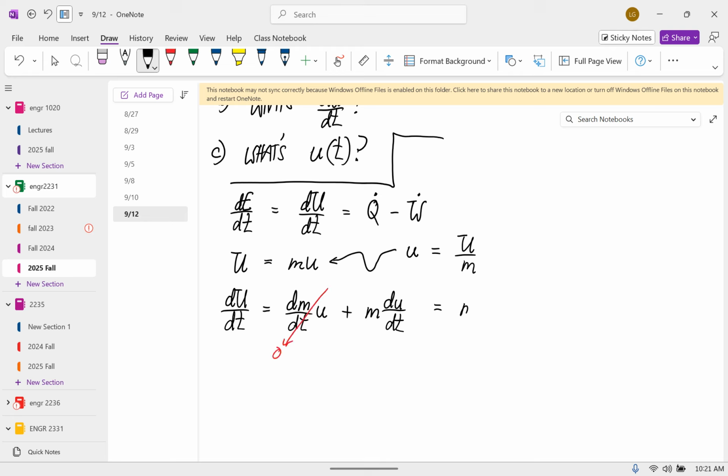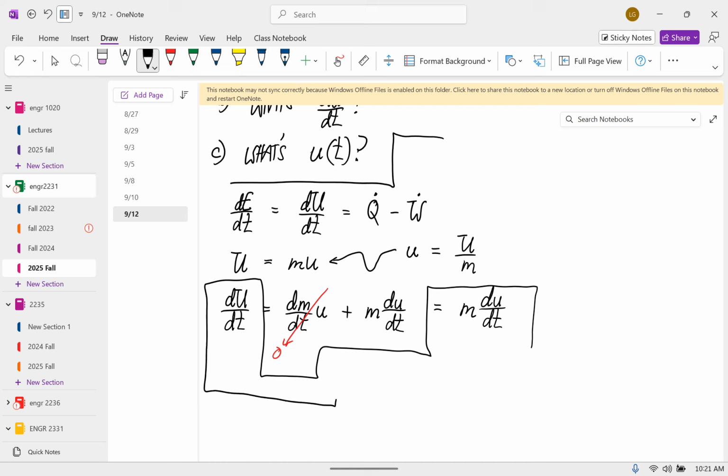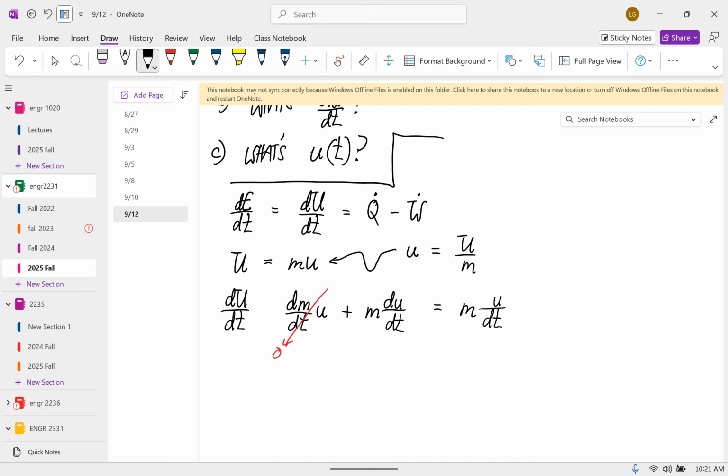And we just get m times du/dt. That's going to be useful in these differential problems. So I'm going to set this aside for a second. We'll come back to it.